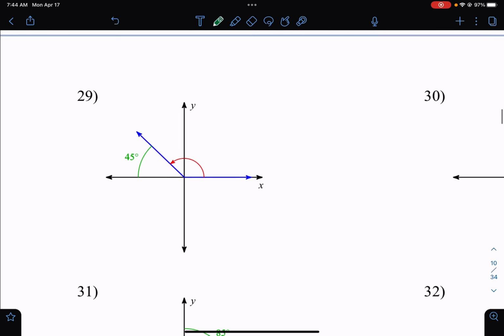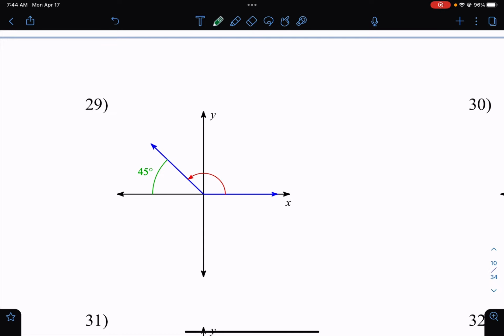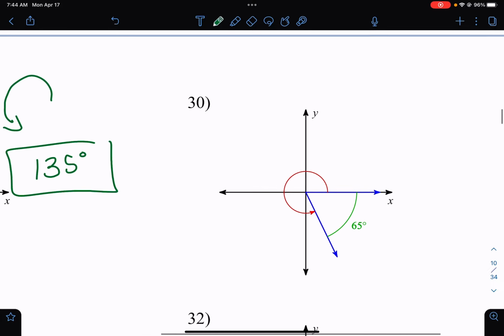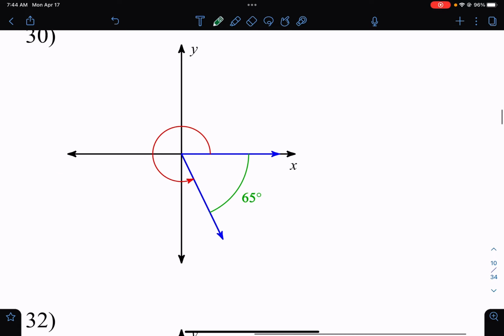All right, next one here. We are going in this direction, so we are going to be a positive angle. And we know from here to here is 180. We are 45 away from the 180, so we're going to do 180 minus 45, which gives us 135 degrees. All right, next one here.